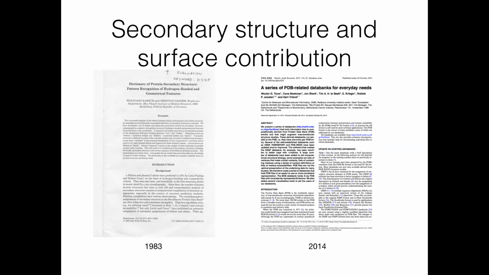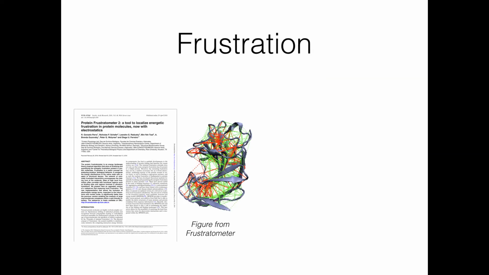I've been looking into a metric called frustration, and I'm sorry for introducing a lot of different concepts, but frustration is actually quite interesting. The paper describes a way to make a lot of decoys, so a lot of alternative protein structures optimizing their configuration, and for each amino acid figure out how much freedom that amino acid has to move around.